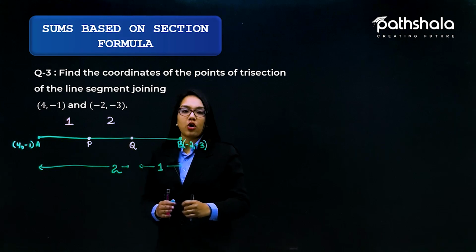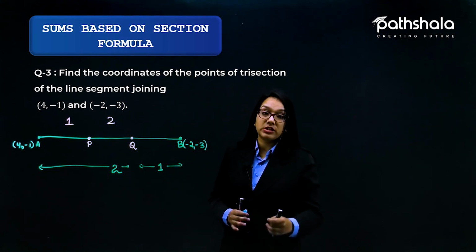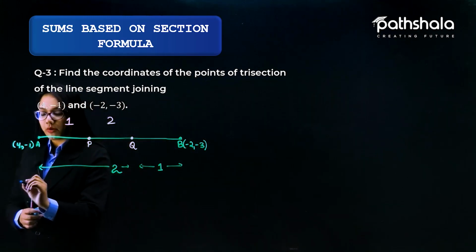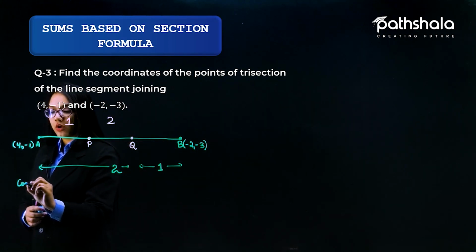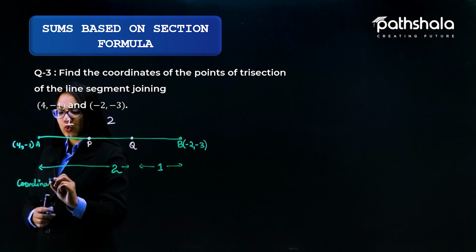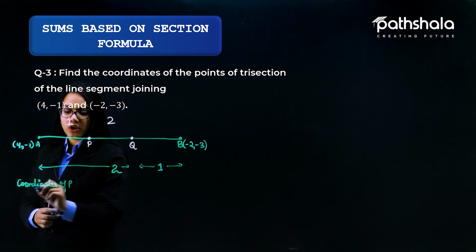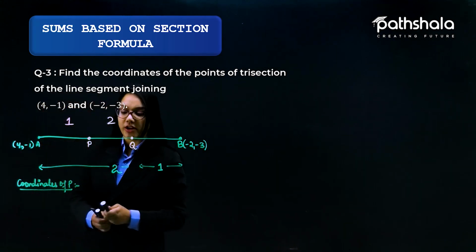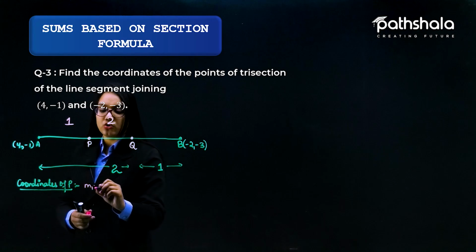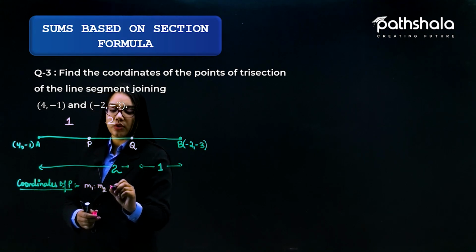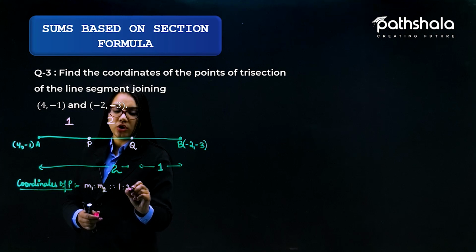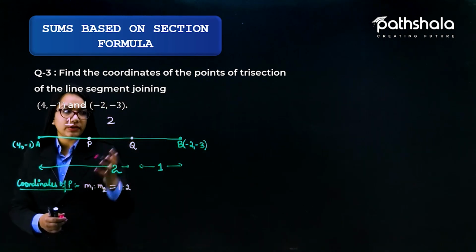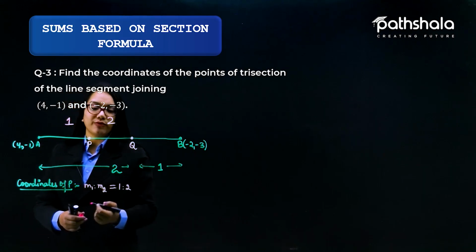Let's first find the coordinates of the point P. The ratio we have to take is of the form m1:m2, which is 1:2. Let's find the P coordinates using the section formula.